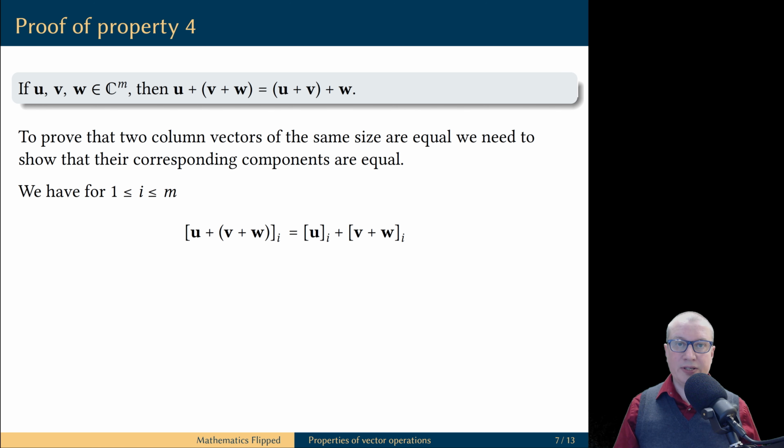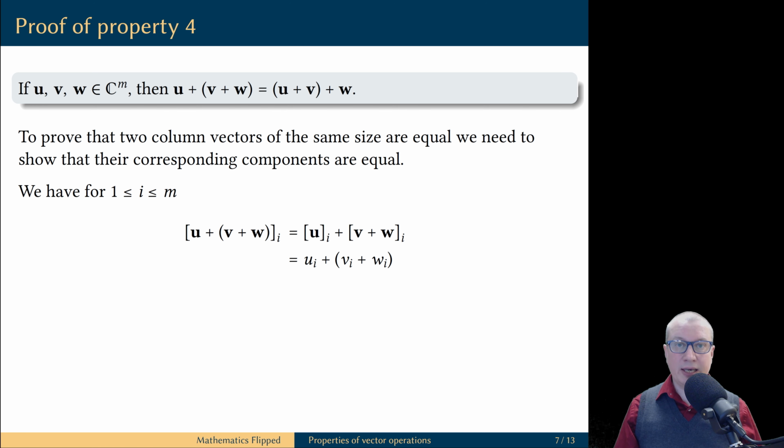What we have is vector u plus the vector v plus w, and therefore the ith component of this vector is component i of vector u plus component i of vector v plus w. Component i of vector u is ui, and component i of vector v plus w is vi plus wi. This is again using the definition of vector addition.